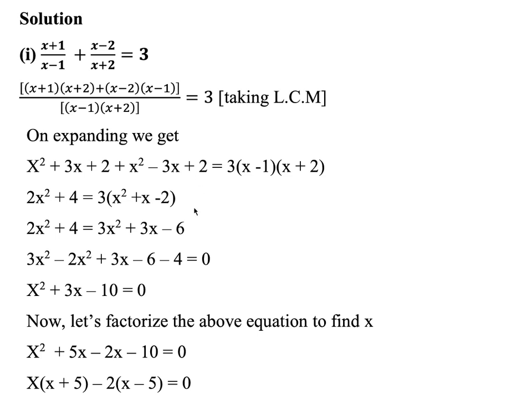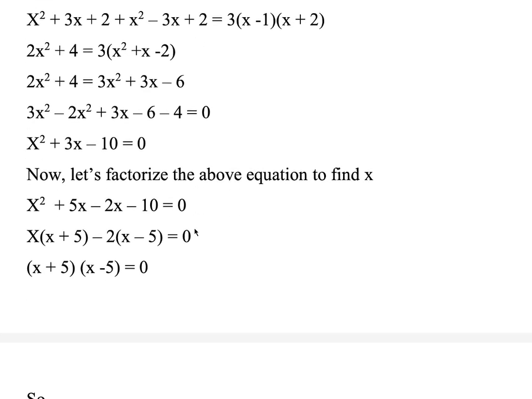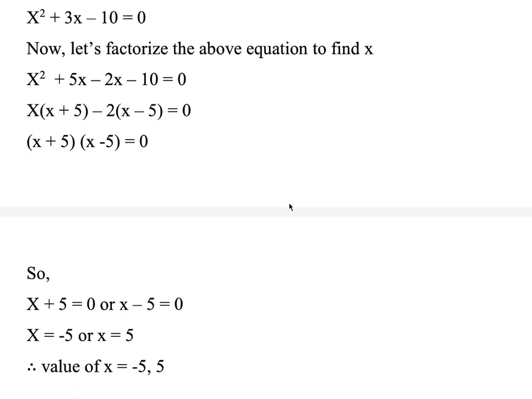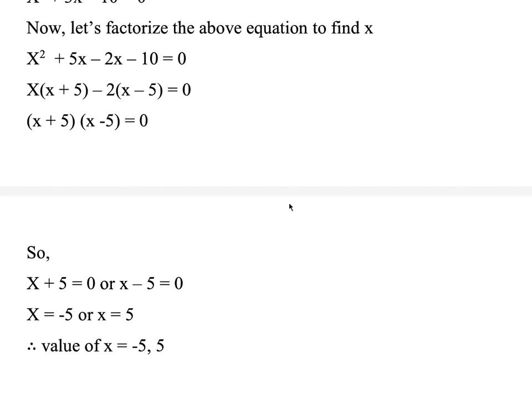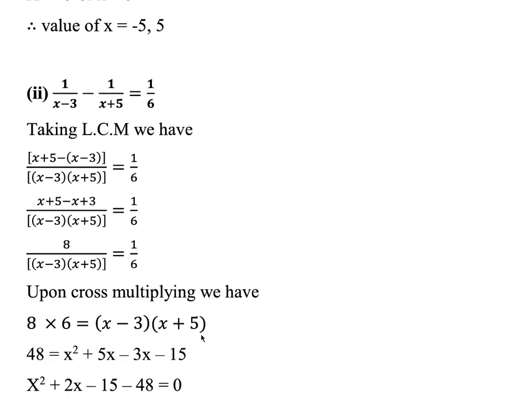After that, the cross multiplication method. After that, the middle term factorization method. You will get (x plus 5)(x minus 5) equal to 0. If x plus 5 equals 0, the value of x will be minus 5, and if x minus 5 equals 0, the value of x will be just 5.